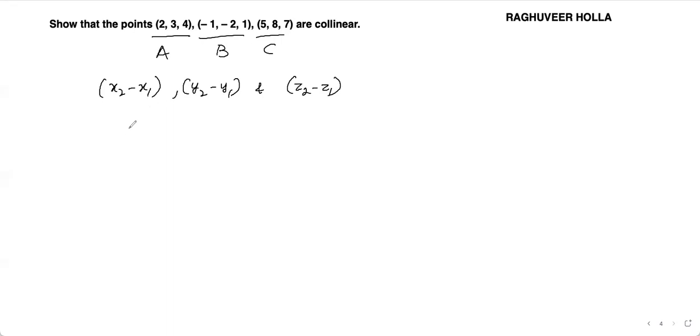Therefore the direction ratios of AB and BC will be minus 3, minus 5, minus 3, and 6, 10, and 6 respectively.